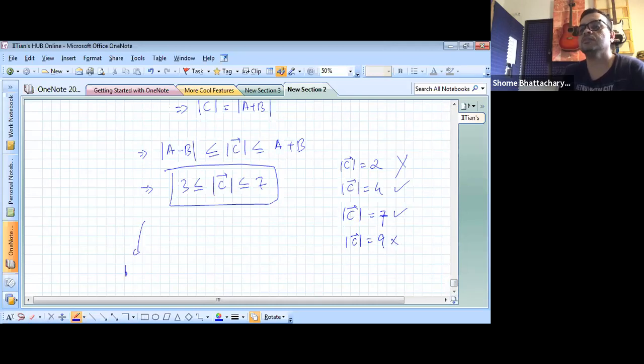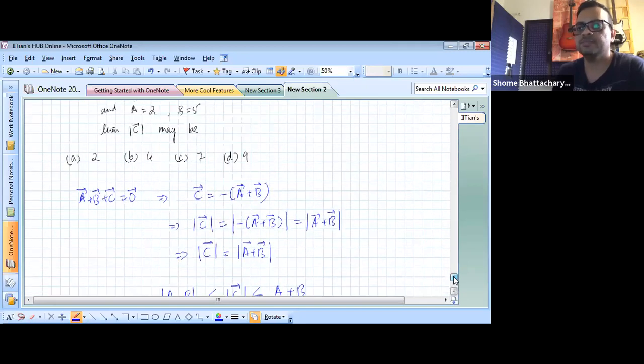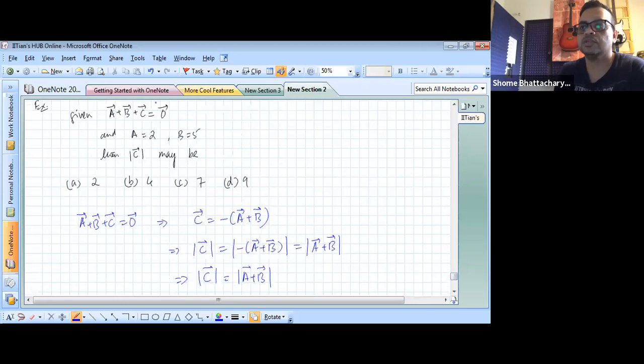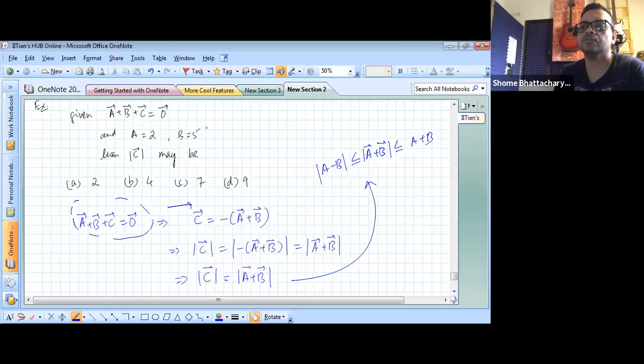So the correct answers are only B and C. Yeah, so just go through the working prints, you will understand. So look, the statement given to me is that A plus B plus C is 0. So what does that mean? That the vector C is the negative of the sum of A and B. So the magnitude of the vector C is equal to the magnitude of A plus B. Now I have that theorem, what are the inequality relations for A plus B? It is less than or equal to the sum of A and B's magnitudes and greater than or equal to the difference of A and B's magnitudes.